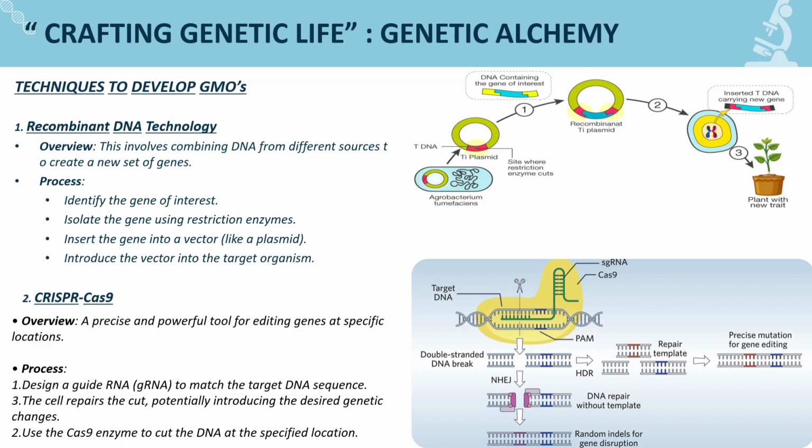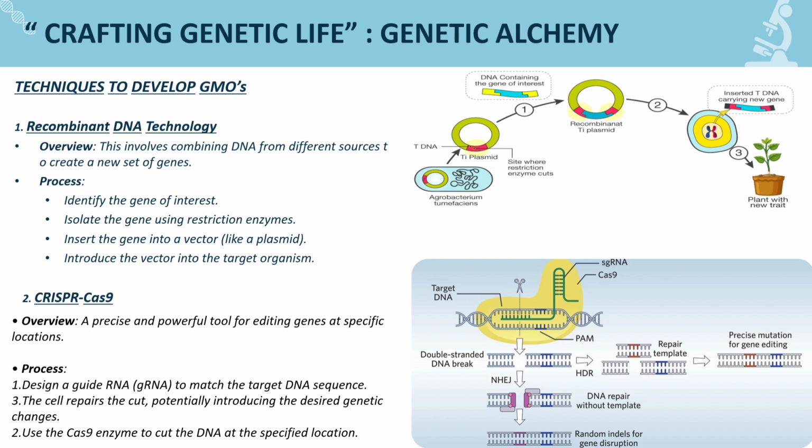The process starts like this: we design a guide RNA that has a complementary sequence to a specific DNA sequence. It will match with the specific DNA sequence, and then it will guide the Cas9 enzyme to the specific location, and the Cas9, which is the endonuclease enzyme, will cleave the DNA at a specific position in the genome.